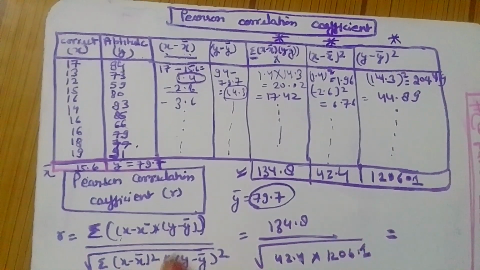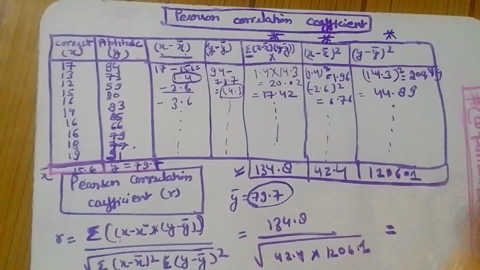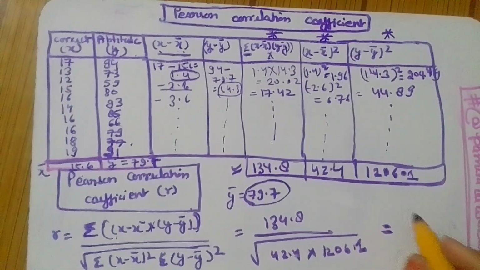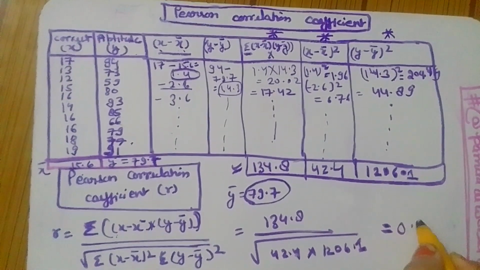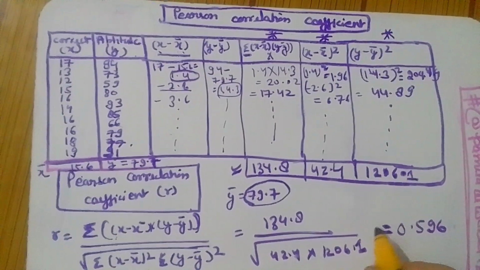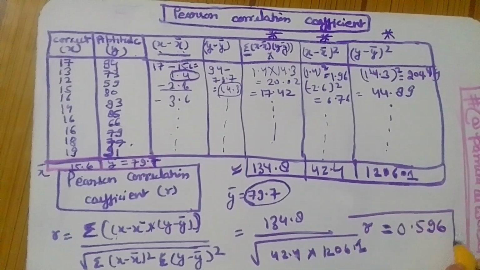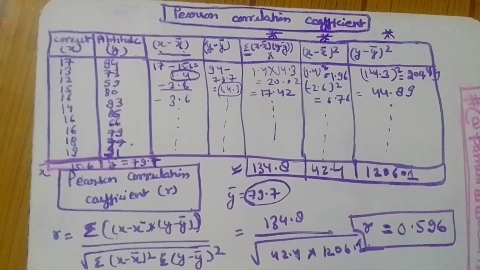And in the last, after doing the whole calculation, how much value would come? The value of r would come 0.596.